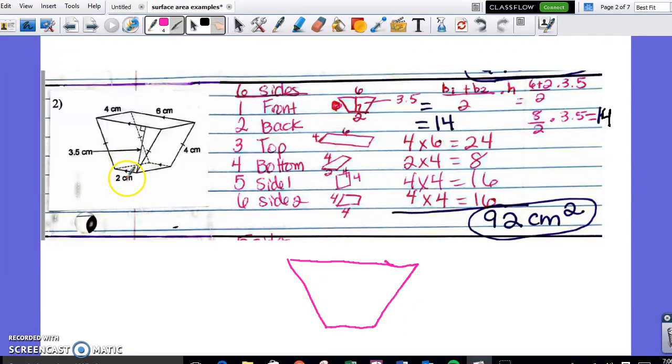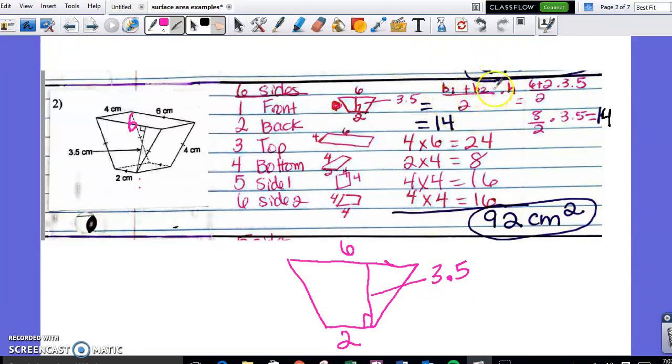For this particular trapezoid, the front and the back, the bases are 2 and 6. The height, which is always notated with this right angle, is 3.5.